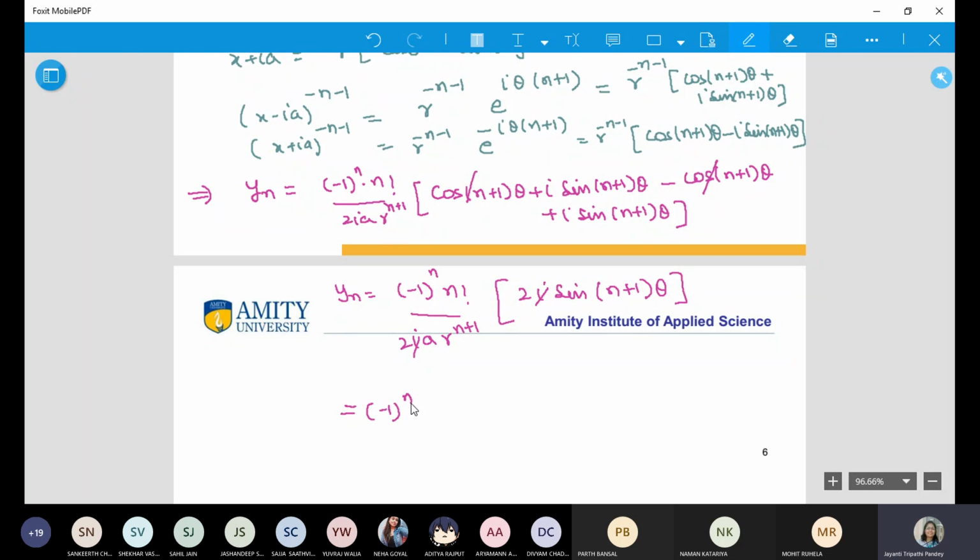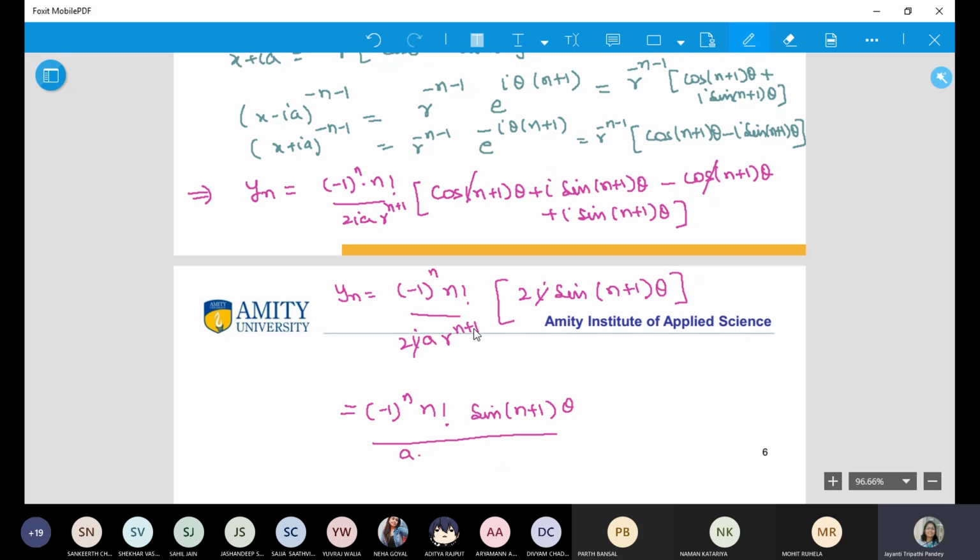minus 1 to the power n factorial n sine (n plus 1) theta divided by a.